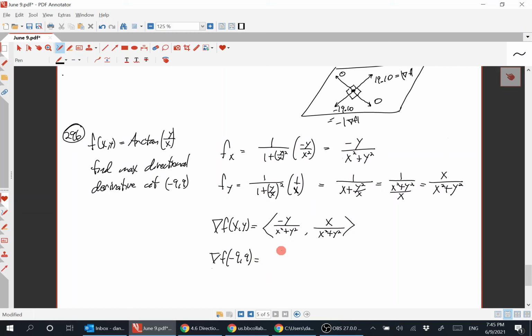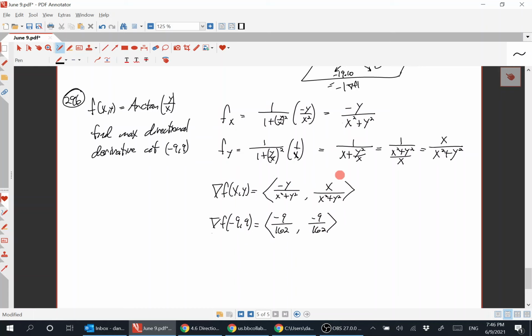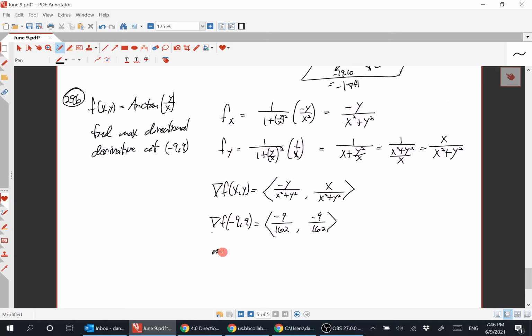So x equals -9, so that's 9 over 81 plus 81, 162. And then, I'm sorry, I did that wrong. -9, that's the y. This is -9 as well, over 162. So the max directional derivative is equal to the length of the gradient of f at -9, 9, which is 9 root 2 over 162.